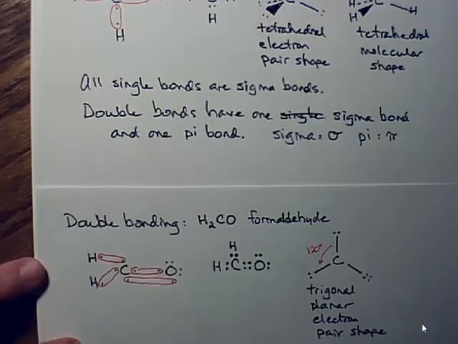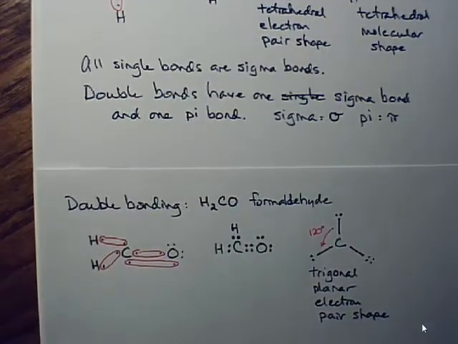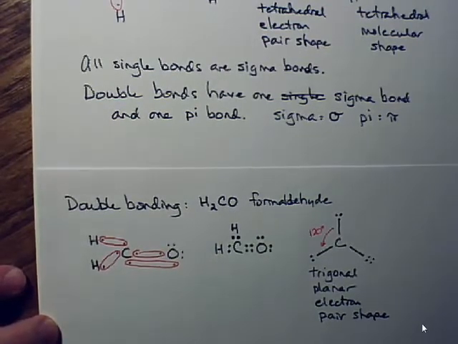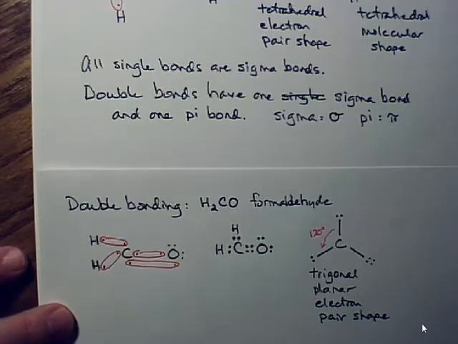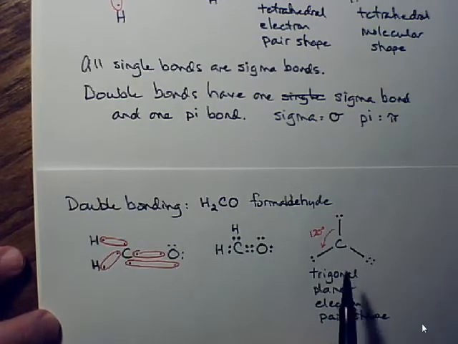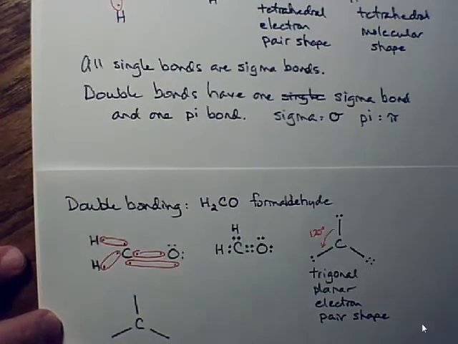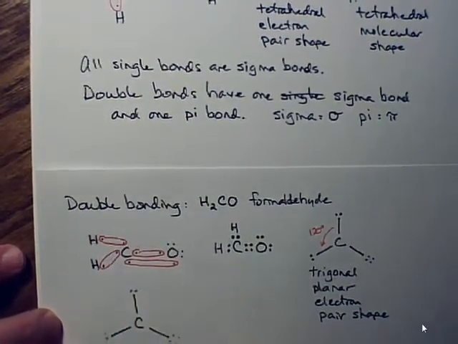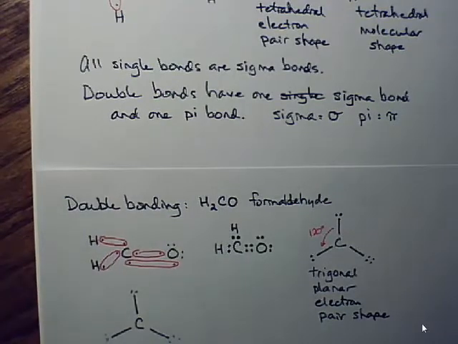A trigonal planar electron pair shape. Got that? All right. Now we have to take that shape and redraw it again, and we're going to replace the electron dots with the element symbols for the atoms that fit there.